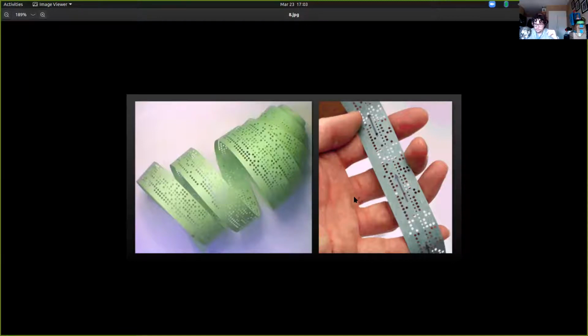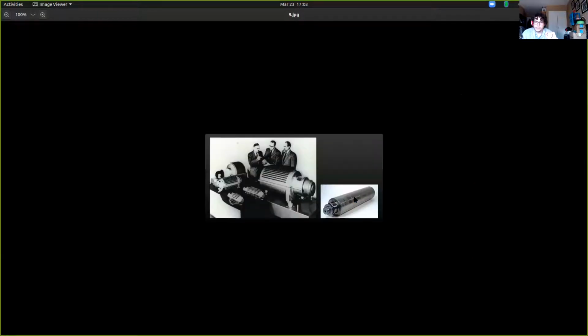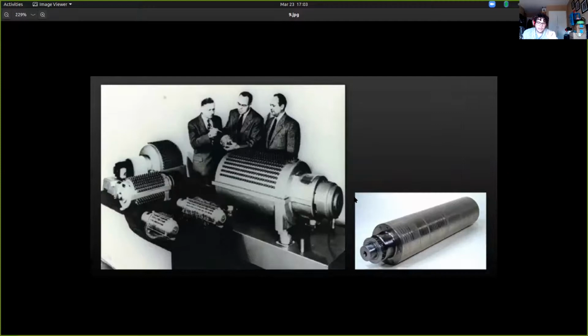Anyhow, so moving forward to purely electronic storage. This thing right here is called a drum storage device. Now, a drum storage device is a lot like a modern disk-based hard drive that you're used to.